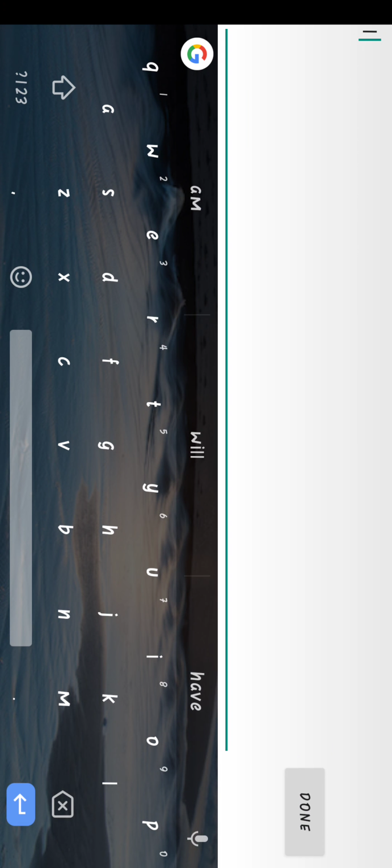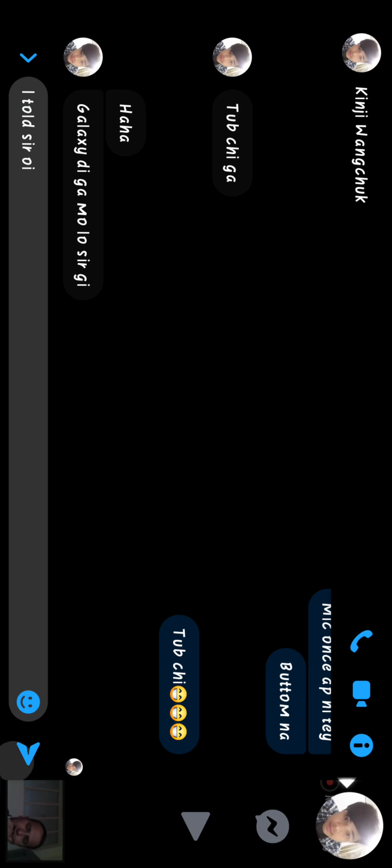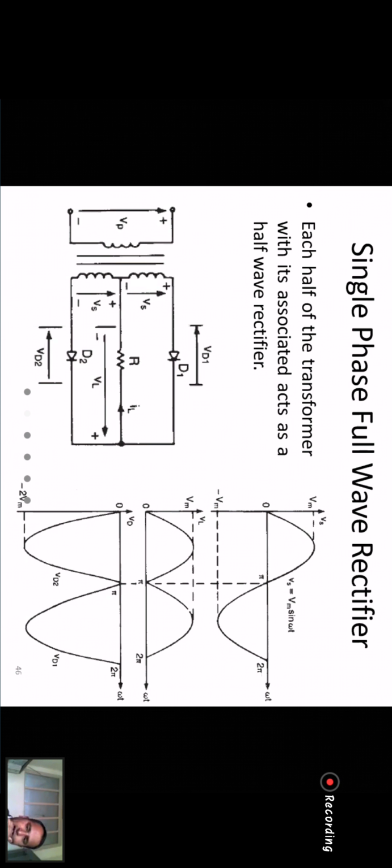Similarly, in the other half cycle it again experiences twice the maximum voltage Vm.